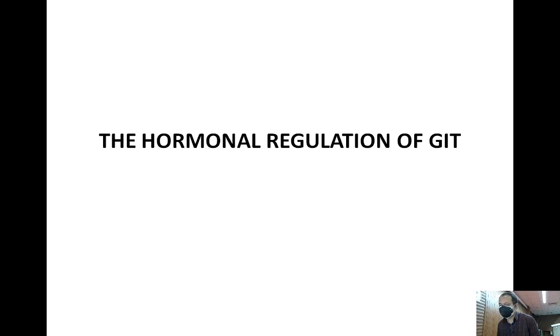So these are two functions: motility to move the chyme, or the digested material, from one part of the GIT to another part of the GIT. And of course, the other aspect that needs to be regulated is the sphincters. Okay, the opening and closing of sphincters. So these are basically the different functions of the GIT.